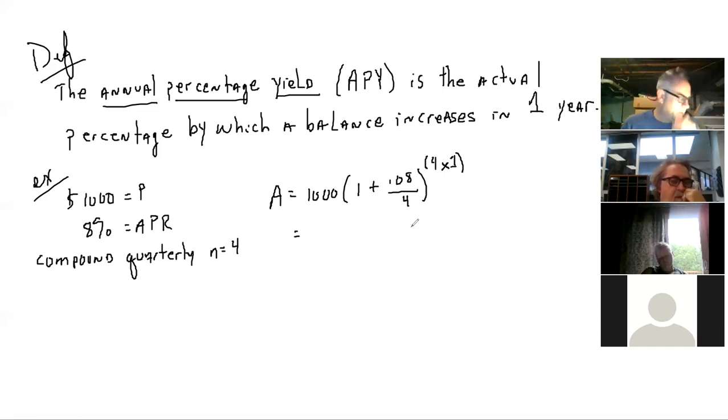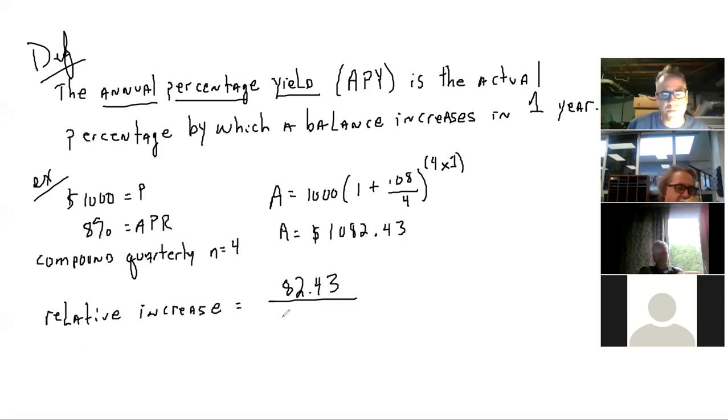All right. Now, if I wanted to know my relative increase, then that would be what we call our absolute increase. That would just be how much actual money did I make. That is the 1,082.43 minus 1,000. That goes up in the numerator. And so that would be $82.43 earned in that year, divided by my starting principal, which was 1,000.